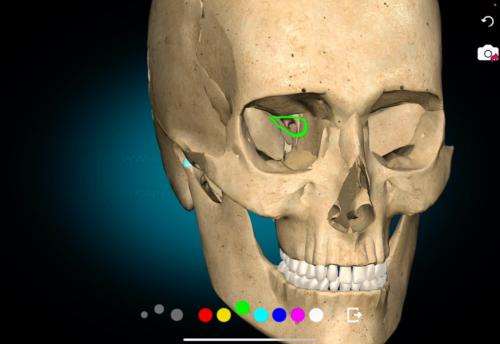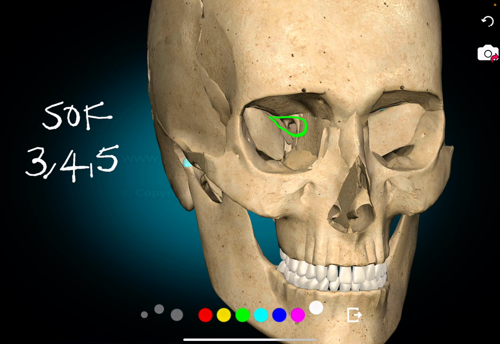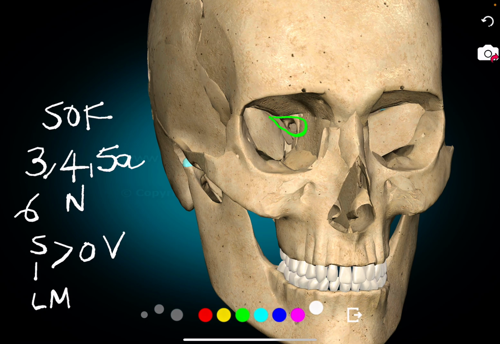And you know that from the superior orbital fissure, the third, the fourth, the fifth A, that means ophthalmic, and the sixth nerves enter. Superior and inferior ophthalmic veins enter, and the lacrimal branch of meningeal and meningeal branch of lacrimal artery also enter. So that's what enters through the superior orbital fissure, but this is the annulus tendinosus.